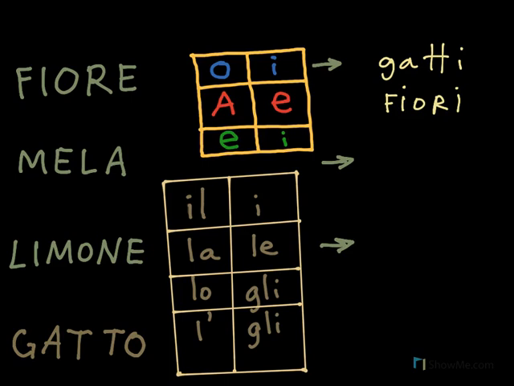You have here mela: if a word in Italian ends on a, it will become e for the plural, so you have mele instead of mela, and it means apples. Limone ends on e. You have the rule here that if it ends on e, the plural will end on i, so it will be limoni. Gatto we already took care of.